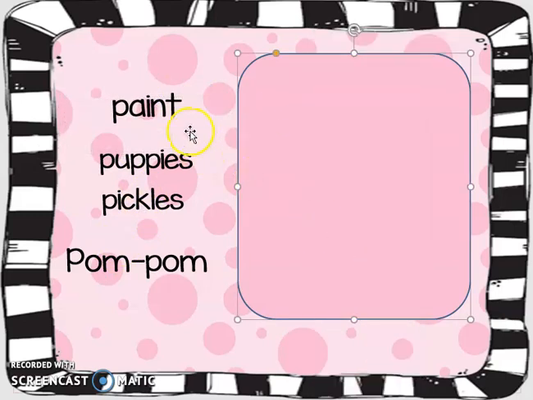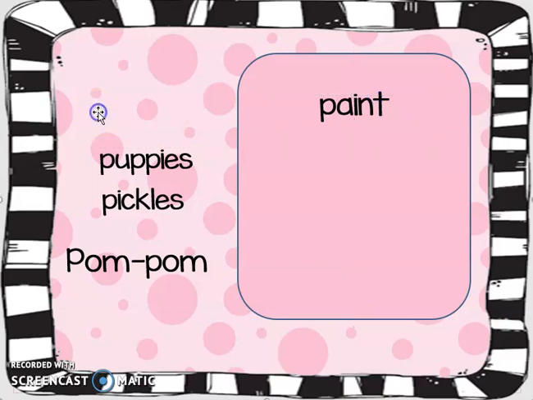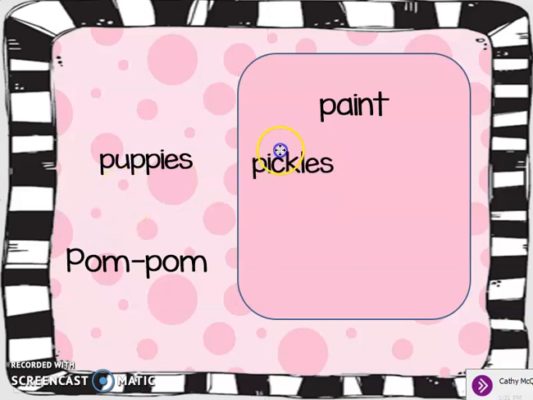Here we go again, guys. A, B. Nope, no B's in the second letter. A, B, C, D, E, F, G. Nope, none so far. H, I. Pickles has an I as the second letter.